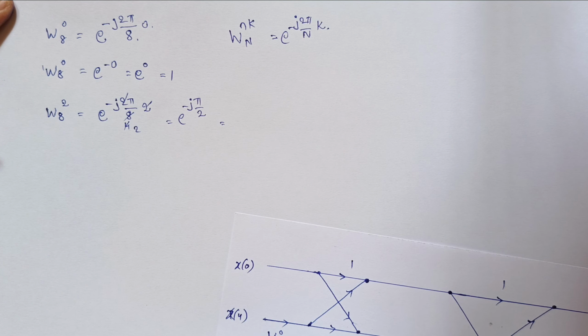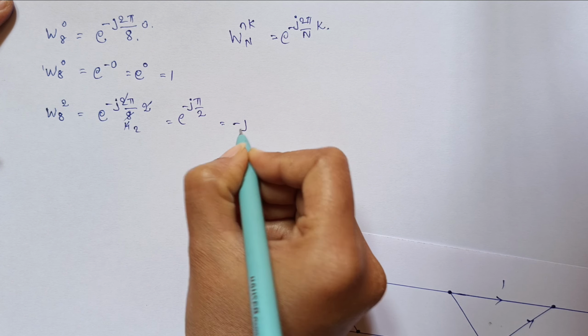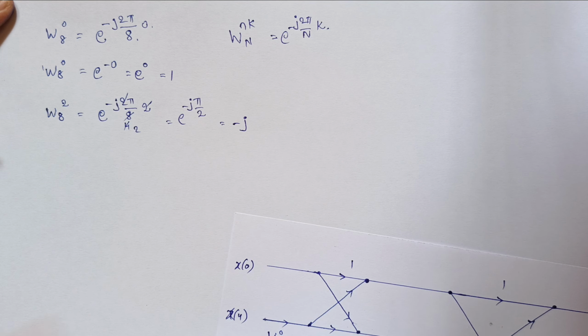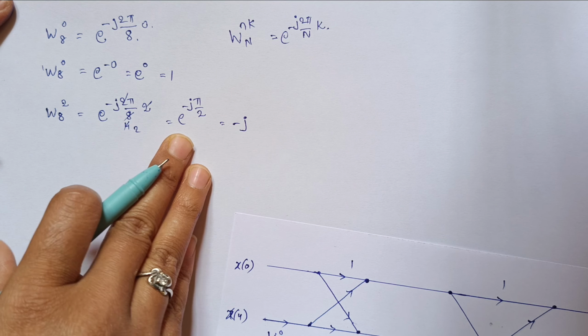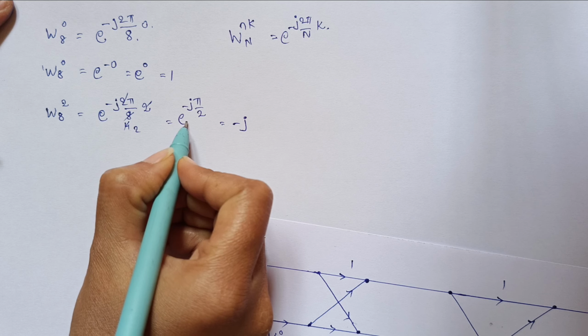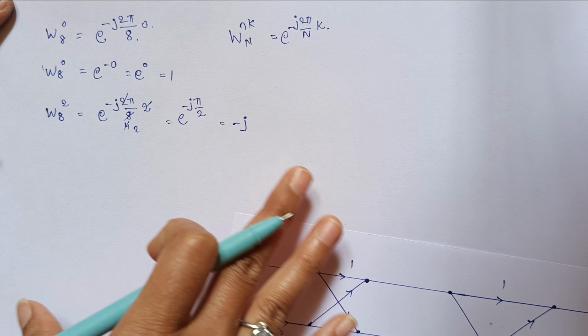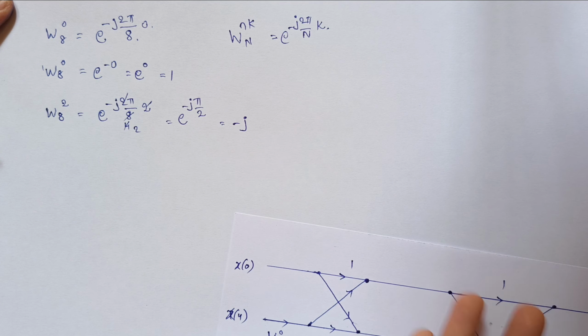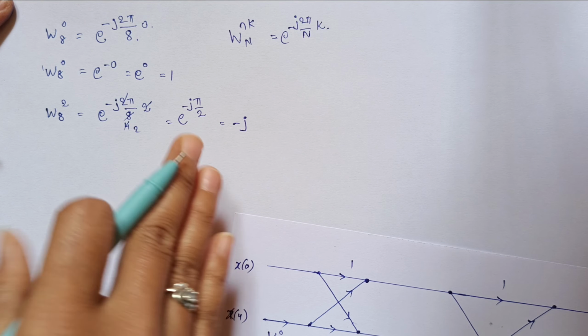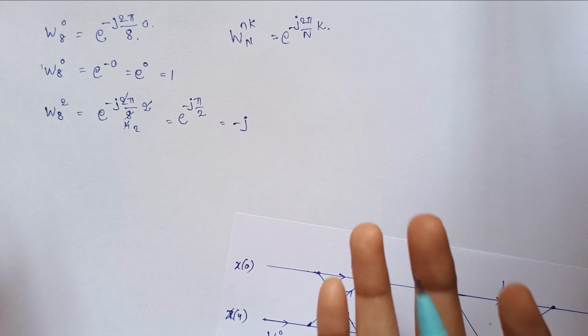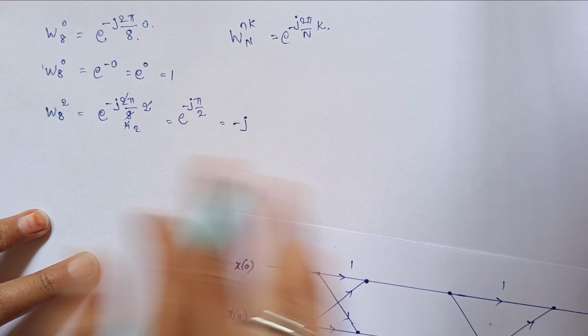If you calculate this in Calci, you will get this value as minus j. Perfect. And if you don't know how to calculate these exponential values in Calci, then you can refer to my previous video in this playlist, in which I have explained how you can calculate exponential values in Calci.